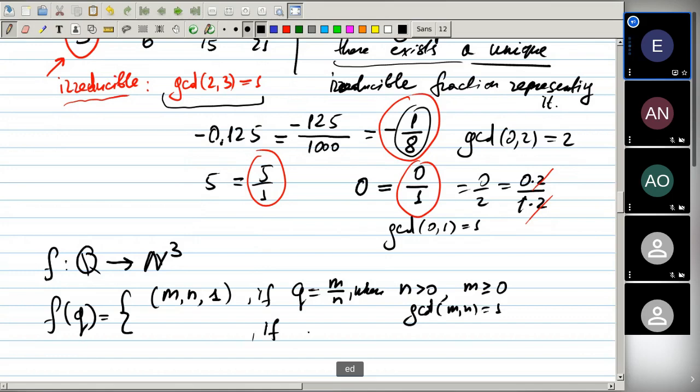And if q equals minus m over n, for the same m and n, it will be m, n and say, I don't know, 2. Is this idea clear?